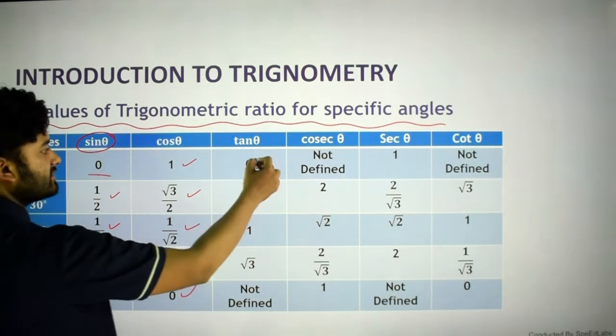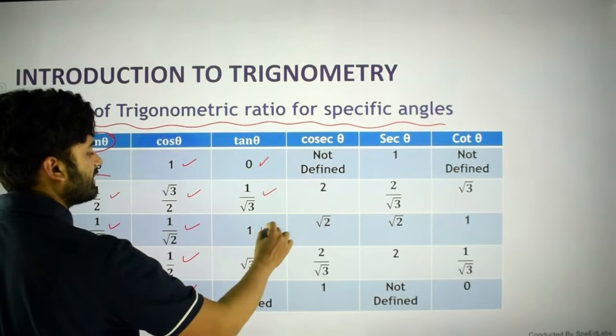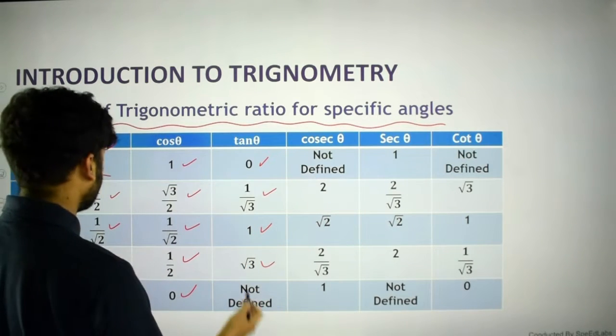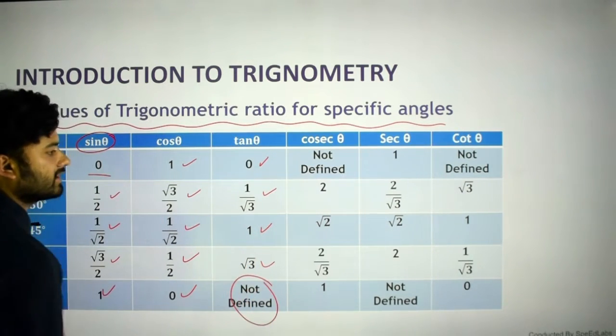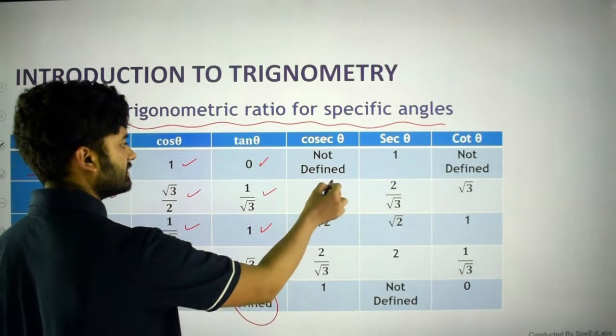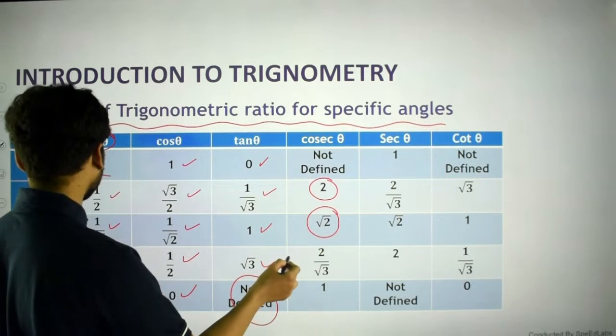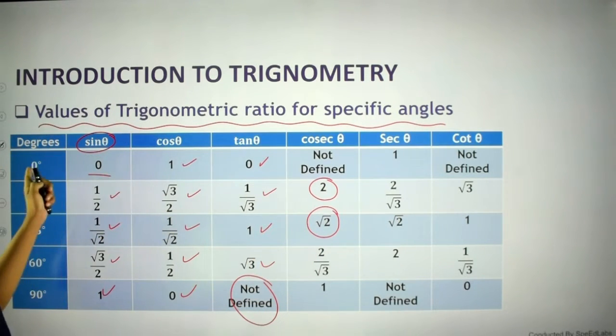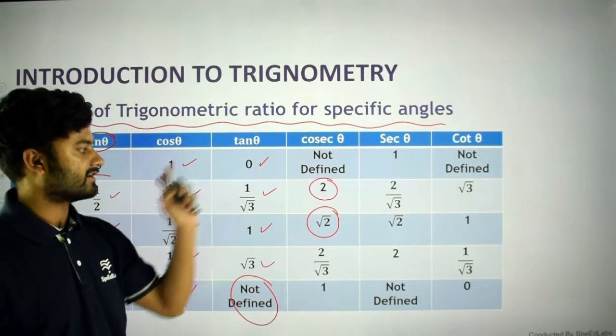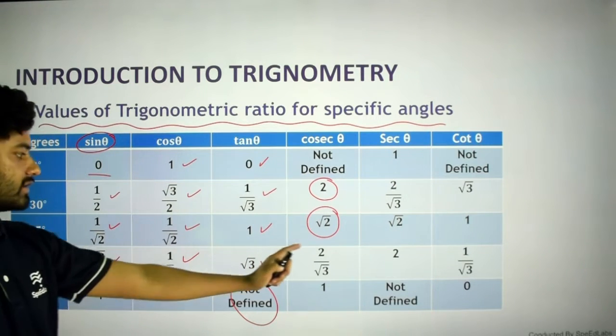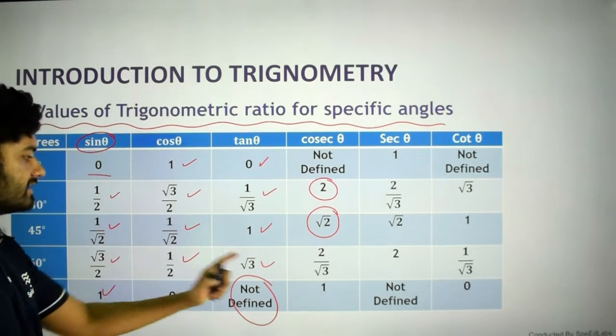Similarly, you can get tan 0 is 0, tan 30 is 1 by root 3, tan 45 is 1, tan 60 is root 3, and tan 90 is not defined. Now similarly, what is cosec 0? That is not defined. Cosec 30 is 2, cosec 45 is root 2, cosec 60 is 2 by root 3, and cosec 90 is 1.